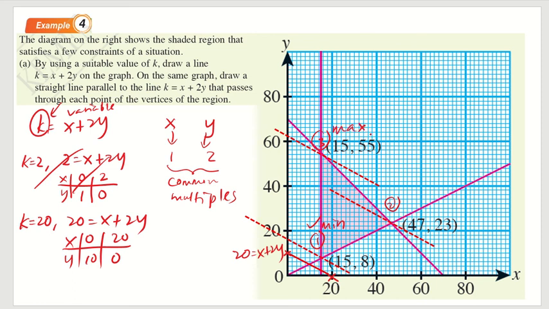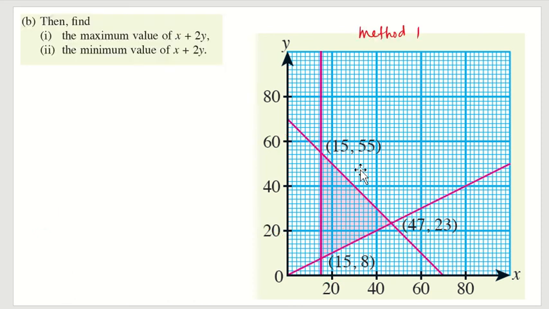This is the maximum point. The third one, we go up. First, second, then this one, the maximum. So from here we know the minimum point is (4,7) and the maximum coordinate is (5,5). So now you can continue with your questions.